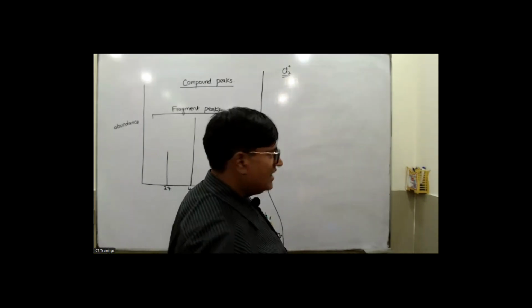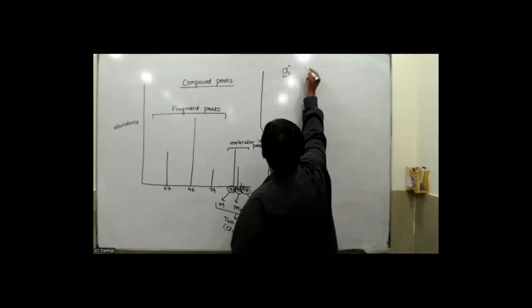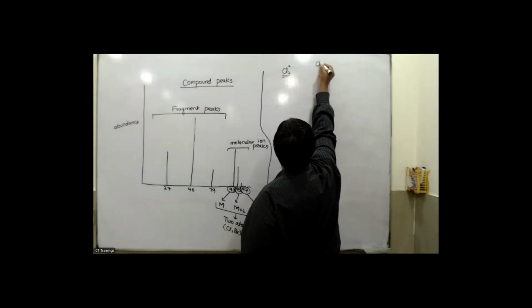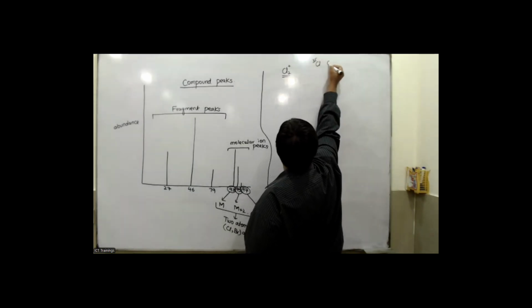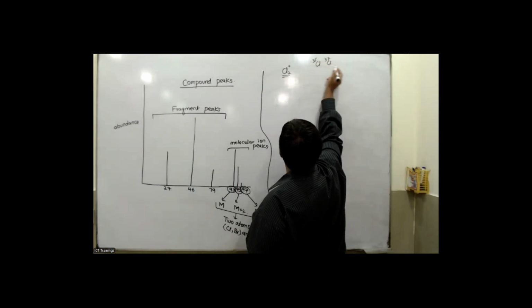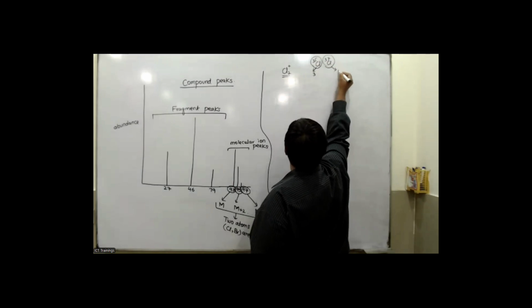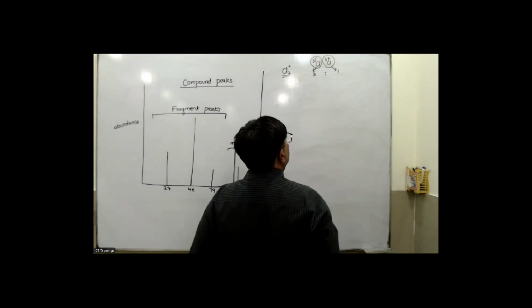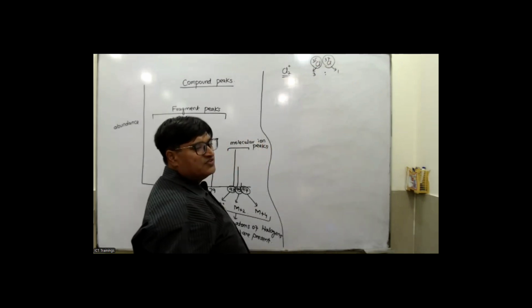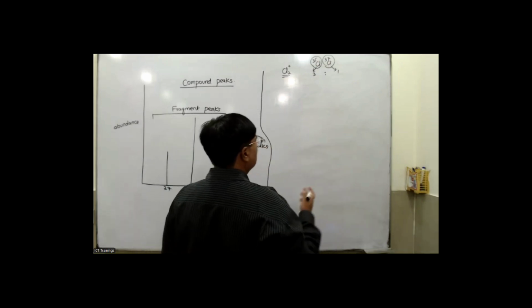To find out, you know that chlorine has two isotopes, the 35 one and 37 one. The existence of this one is 3, and the existence of this one is 1. That is the ratio between those two isotopes, 3:1.